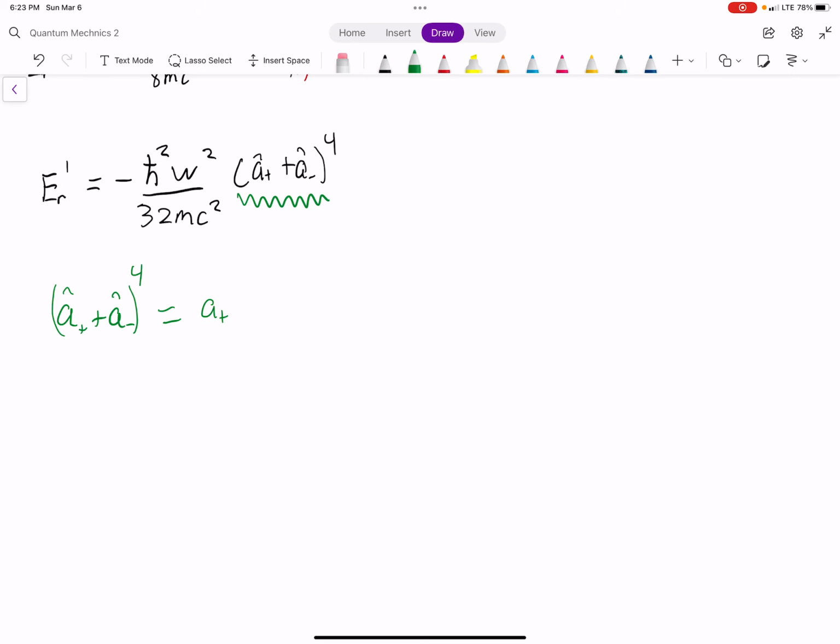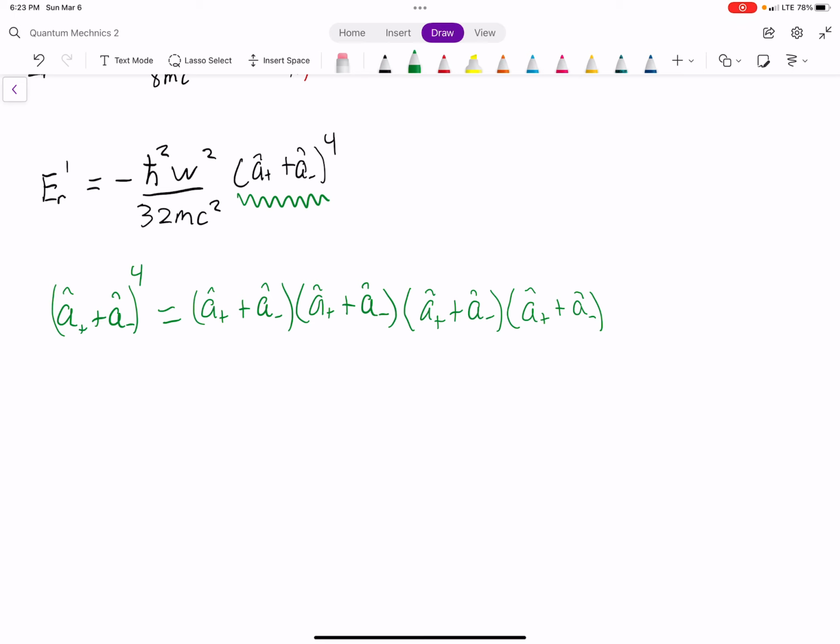is, maybe there's an easier way of doing this. Maybe I'm just doing a very brute force way, but I'm just going to expand this. As awful as this is, it ends up cleaning up a little bit. But definitely not the funnest thing in the world.